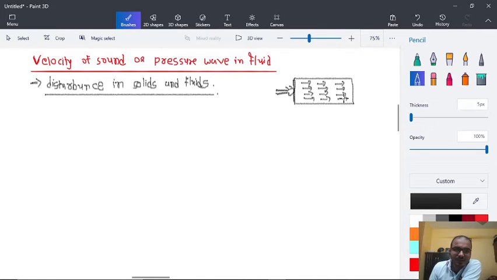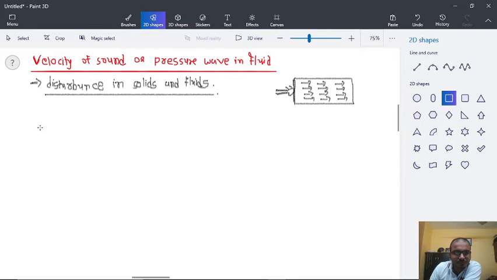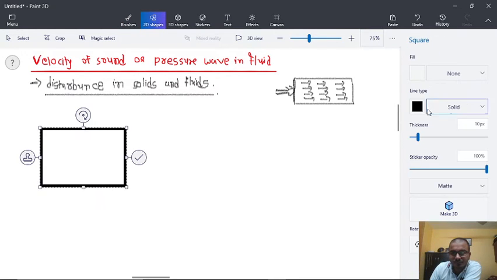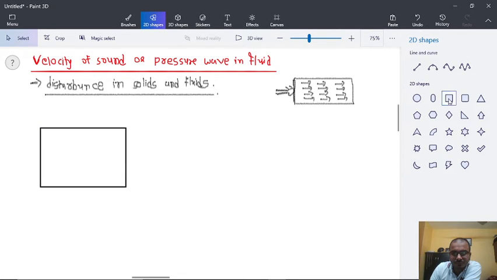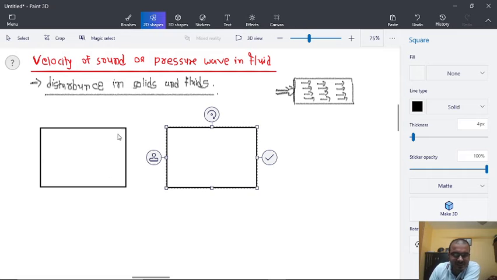Now this transmission, or the speed of the disturbance, depends on how far the molecules are from each other. Let's take only two cases.